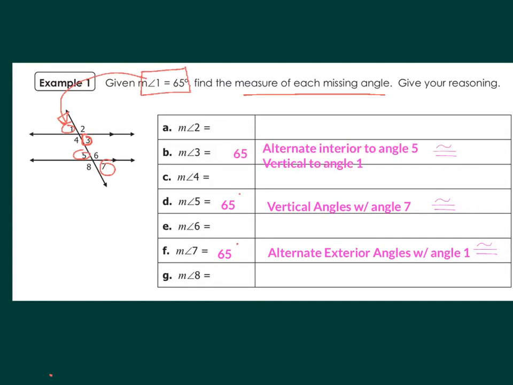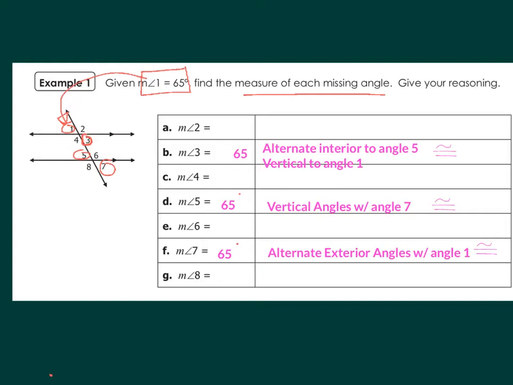So to recap, we started with angle 1, and I linked angle 1 to angle 7 via alternate exterior angles, and alternate exterior angles of parallel lines are congruent. So 7 is 65 degrees. Angle 5 is vertical to 7, so because it's vertical to 7, it's the same measure, they're congruent, so that is also 65 degrees.